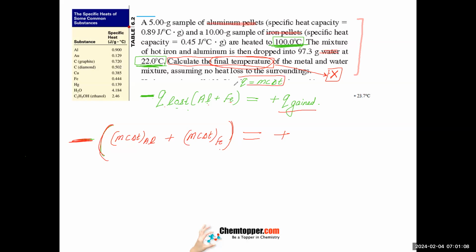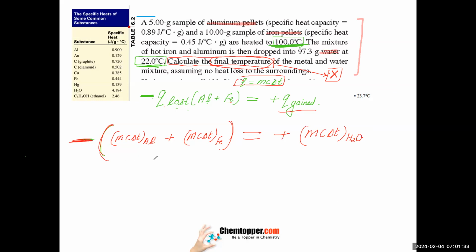Same equation, isn't it? mc delta T of water. Yes, for delta, you can write like this. I can understand. Okay, so just write mc dt. I'll understand. For water, yes. You're understanding this?